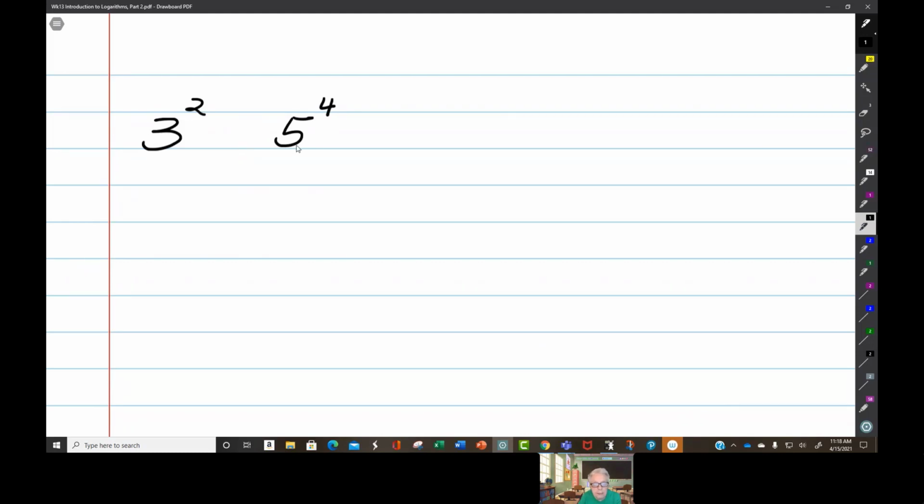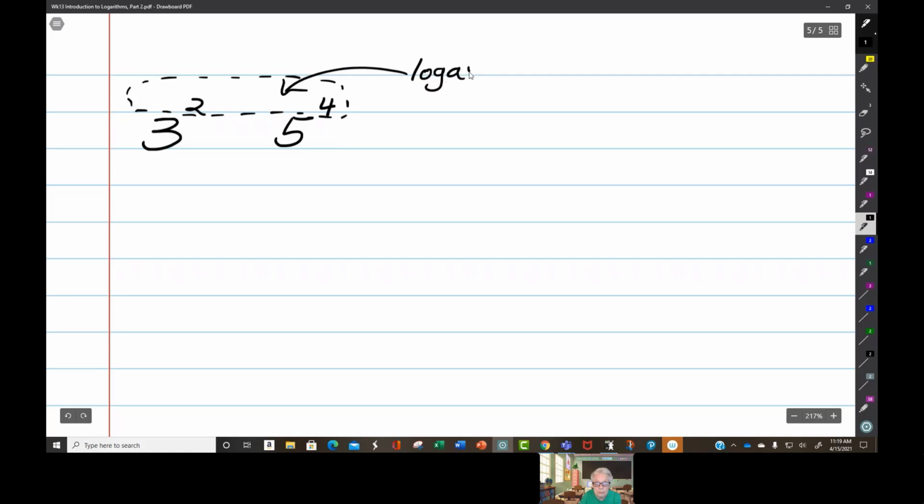You have the base numbers down on the bottom, and there's another level of numbers where the exponents are. Logarithms live up here. Logarithms are exponents.